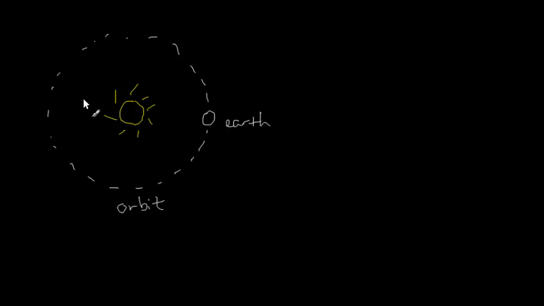Right, what I want to do is this. Now we have learned about Newton's law of gravitation, that the gravitational force between two objects is given by GMm over r squared. And we have also learned about centripetal force.